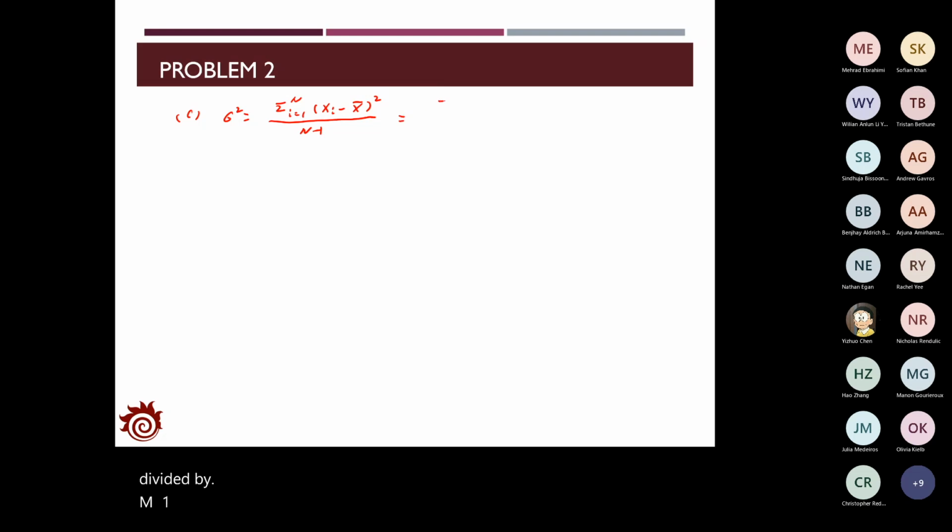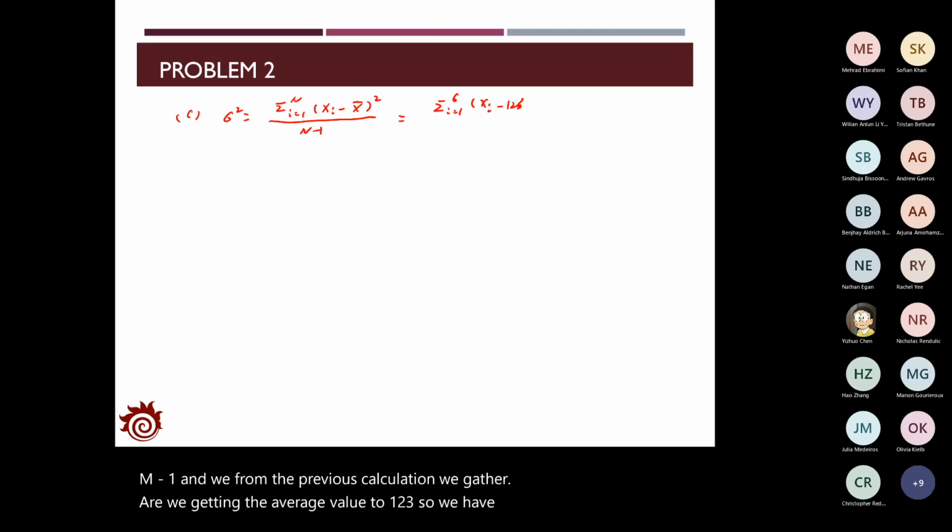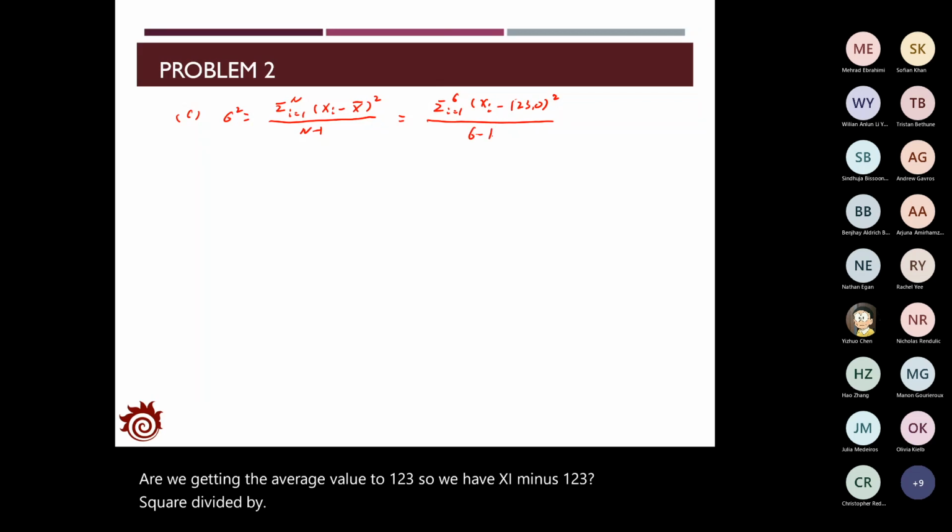From the previous calculation, we get the average value is 123. So we have (xi minus 123) squared divided by 6 minus 1. For the other part, you can use Excel to calculate the result.